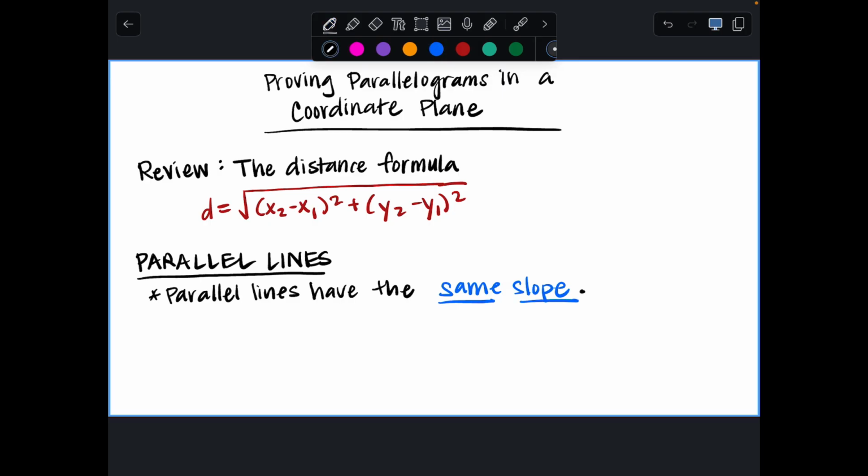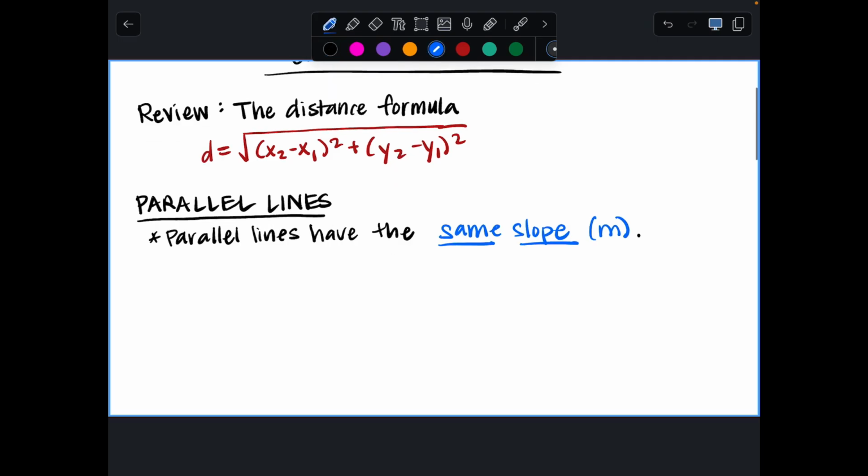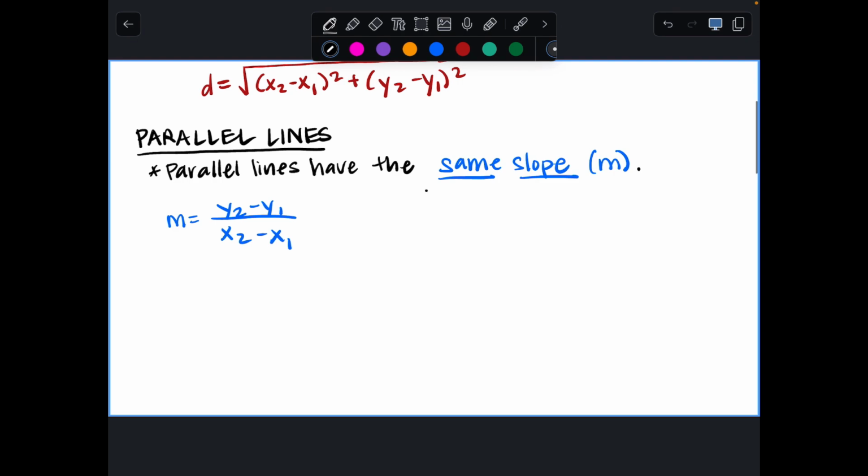Parallel lines have the same slope. And you'll remember from algebra, the slope is m in an equation. The formula for slope is y2 minus y1 over x2 minus x1. So remember, parallel lines never intersect.